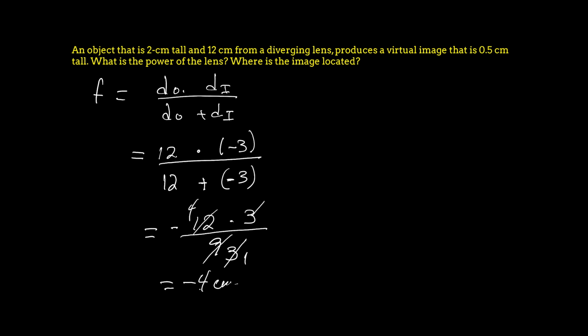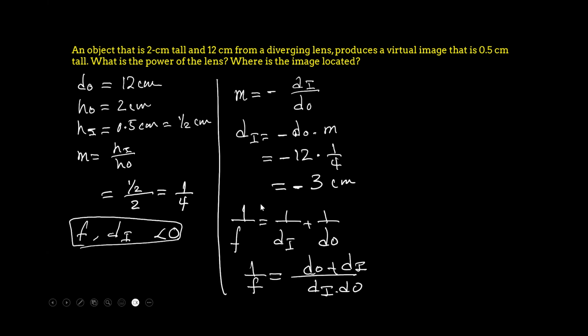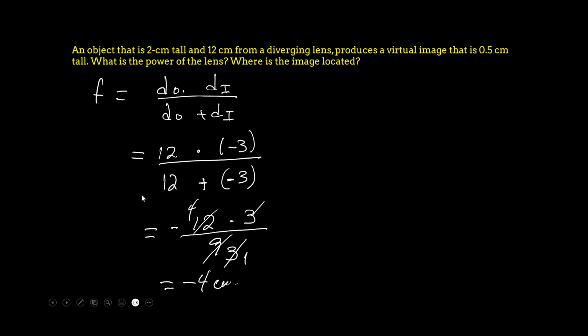And by the way, right here, when we computed DI, it was to the right of DO, which is great. Again, it's supposed to be negative, and it's always to the right of it, closer to the lens. So this is 3 centimeters from the lens. That's 12 centimeters from the lens. And now the focal length is -4, which is good.